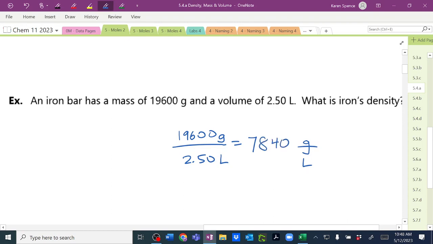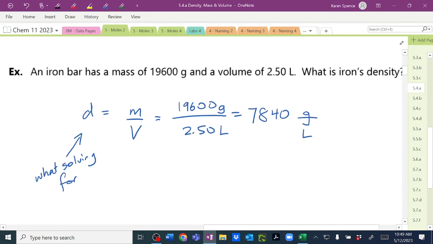Okay, what else is wrong with this? Write the formula, yes. Because you want to show what you're solving for. That's going to be a half a mark.